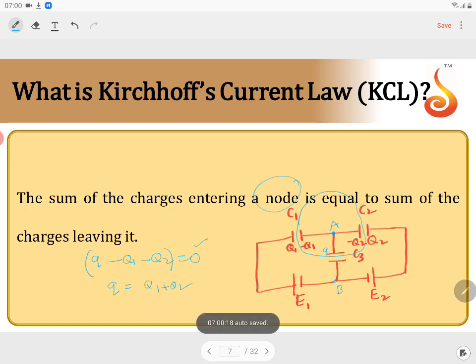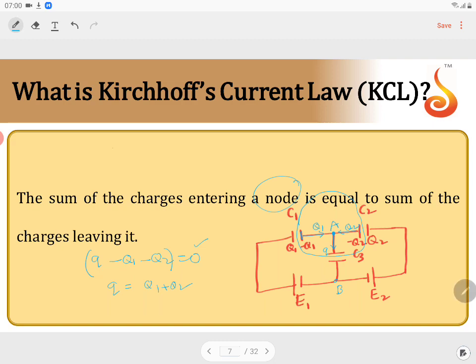This plate has got negative charge, which means the same amount of positive charge should have flown to A. And this plate has got positive charge, which means the same amount of positive charge should have flown from A. So Q1 and Q2 are approaching the junction, and small q is leaving the junction.